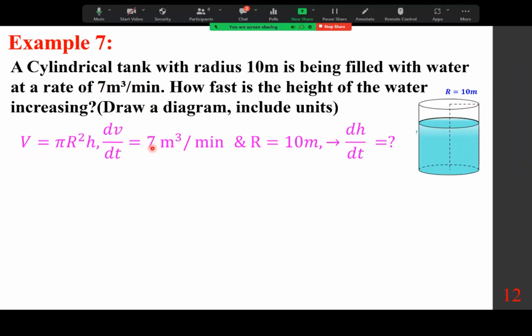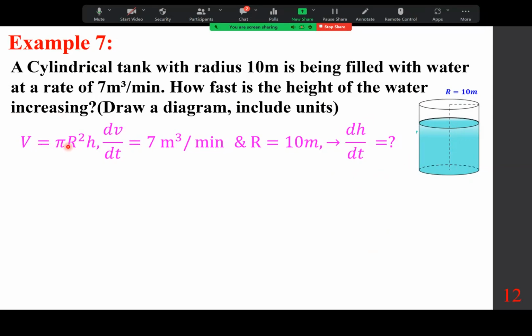R is fixed at 10 meters, or doesn't change because it's a cylindrical shape. And how fast is the height increasing, dh dt, or changing? By the way, they might say changing, and if it ends up being positive, that means increasing. If it's negative, that means decreasing. So as long as we have this setup, it becomes very simple to finish the job.